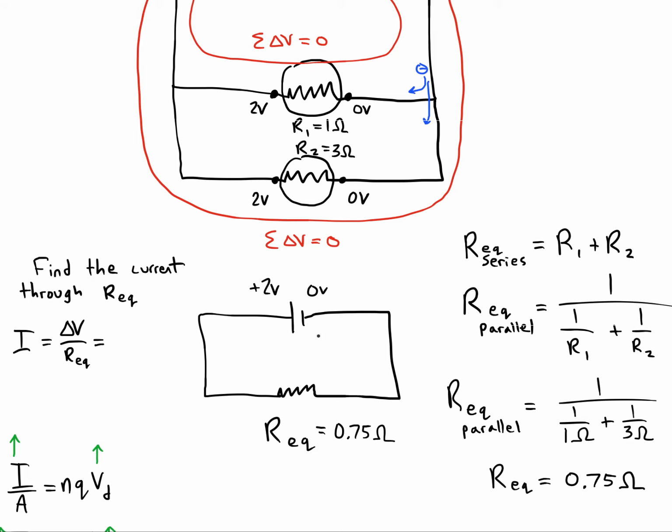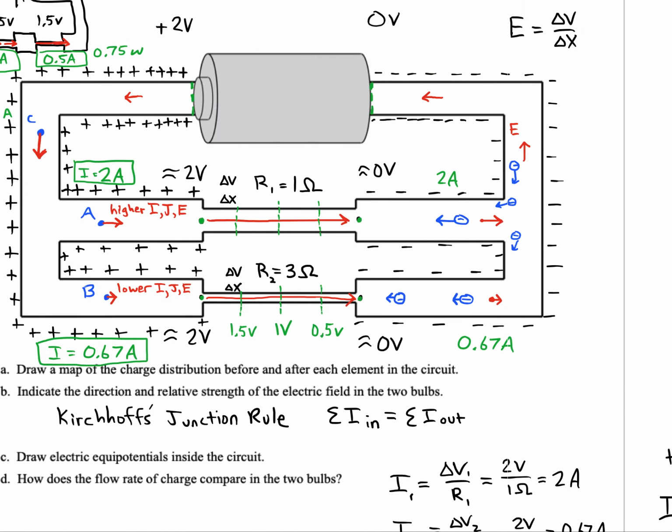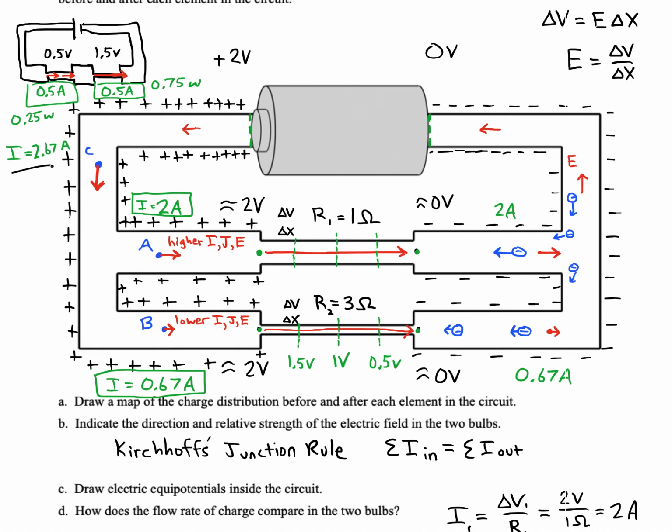The total voltage drop in this single element circuit here would just be the whole battery's voltage, 2 volts. And now we have the new equivalent resistance, so plug that in. It comes out to 2.67 amps as expected. That's what we had found on the other page right here.